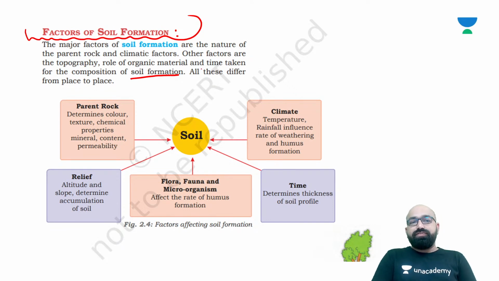All these differ from place to place. So the major factors of soil formation are the nature of the parent rock, climate factors, topography, the role of organic material, and the time taken for soil formation. These differ from place to place.